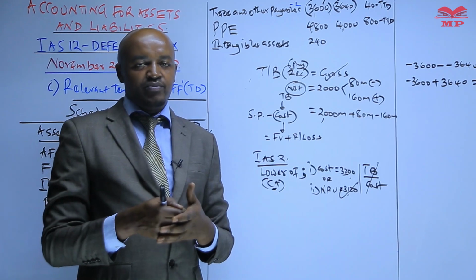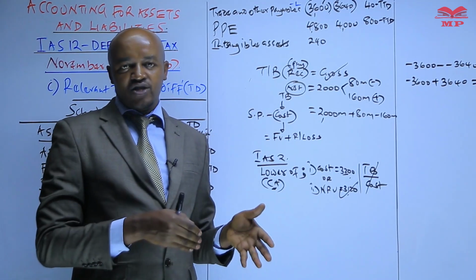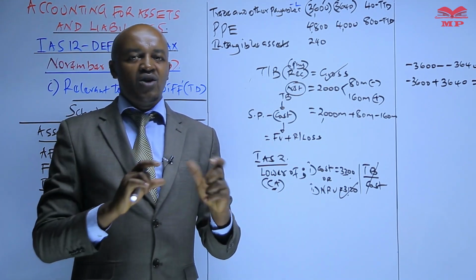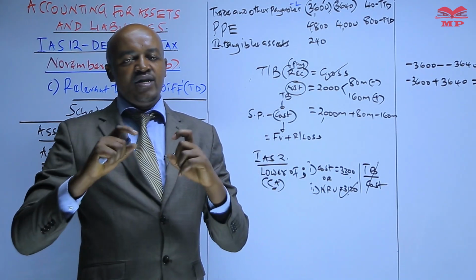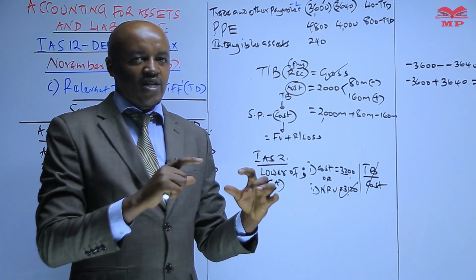In the statement of financial position, they will be stated there at cost minus accumulated amortization. So that will be the carrying amount. But now the tax base is the amount to be allowed for tax purposes, or the amount to be treated as allowable expense in the future.